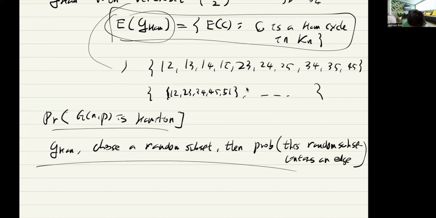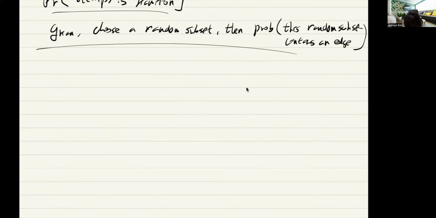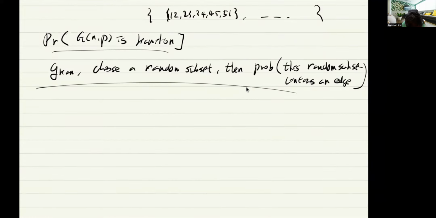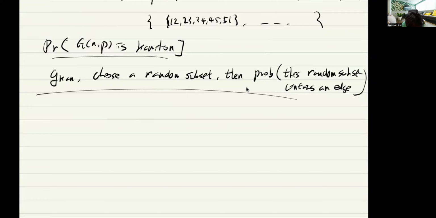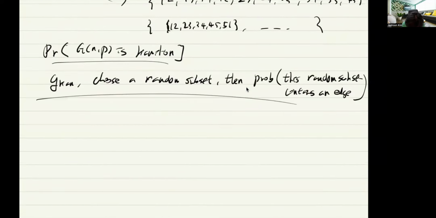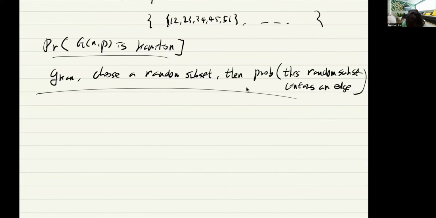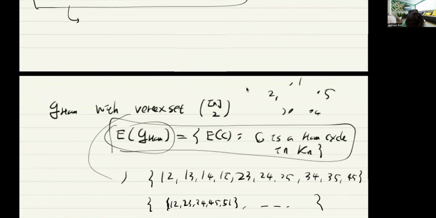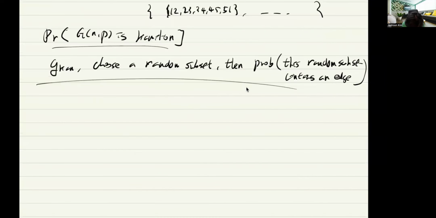So these two are the same event. So that's the setup that we want to work on. We consider a hypergraph, and then we randomly select some subset. Then we see whether it contains an edge or not.